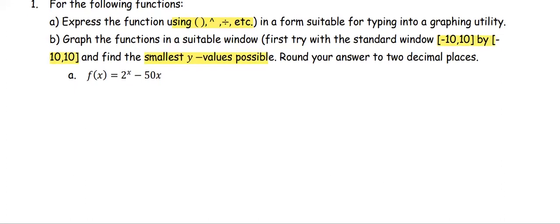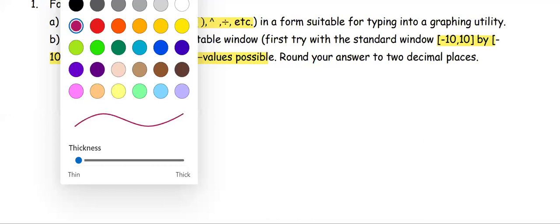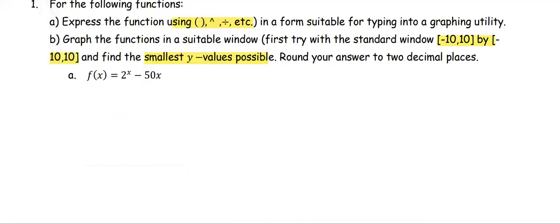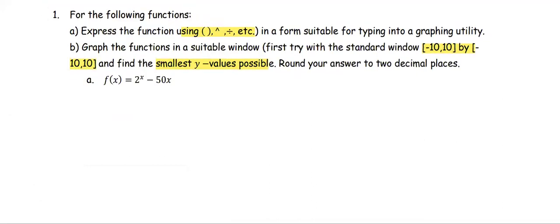For the first function, f(x) equals 2 to the power x minus 50x, the way to input it into the calculator will be 2 caret x minus 50 multiplied by x. Next, we're going to use the graphing utility to graph this function.